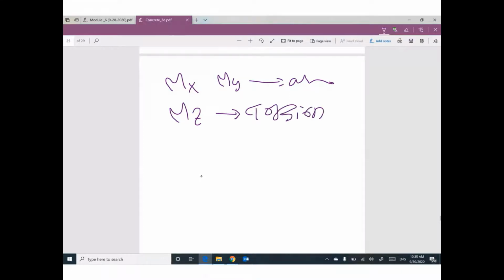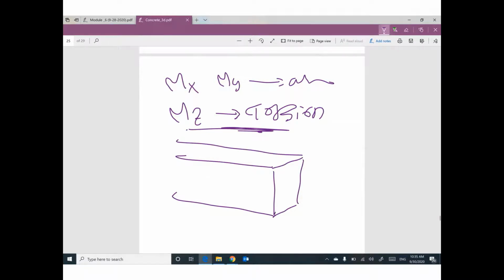Guys, you have to be more professional. If you have a beam, and let's assume this one is X, this one is Y, this one is Z. I don't care which one is MX, which one is MY, which one is MZ.